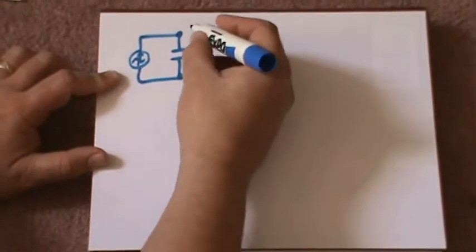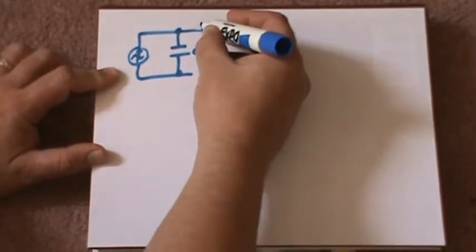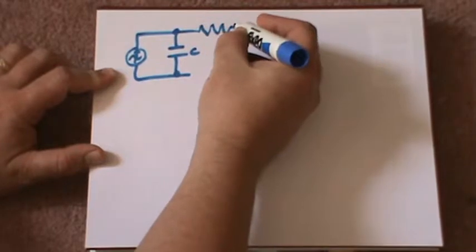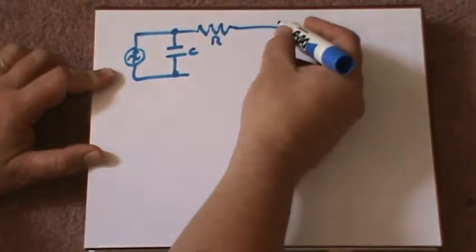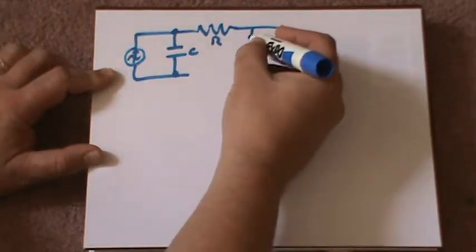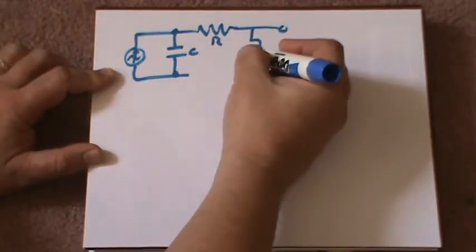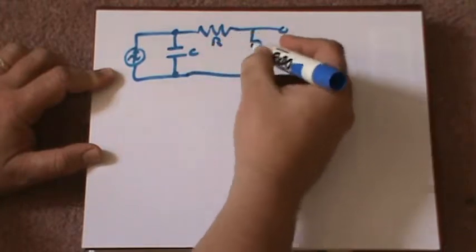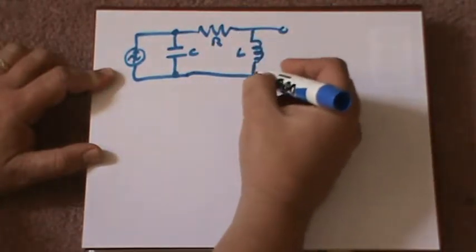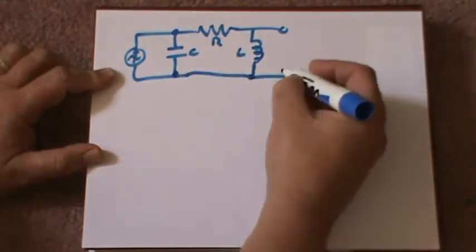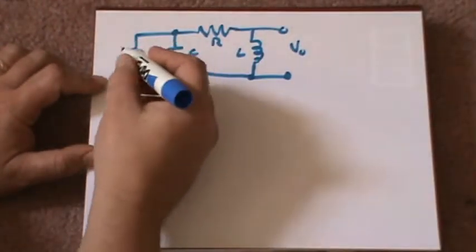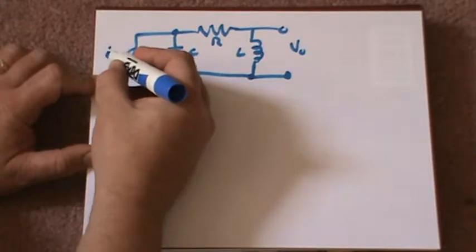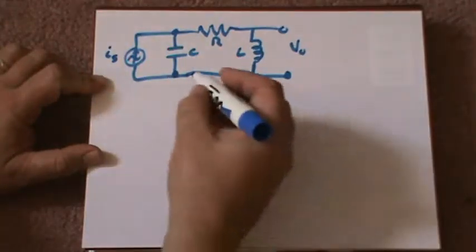Let's initially just call it C, and we'll stick a resistor that's R, and we'll take our output across an inductor, which we'll just label as L, so keep it nice and generic. And this is our V out, and since it's a current source, this is our I sub S.